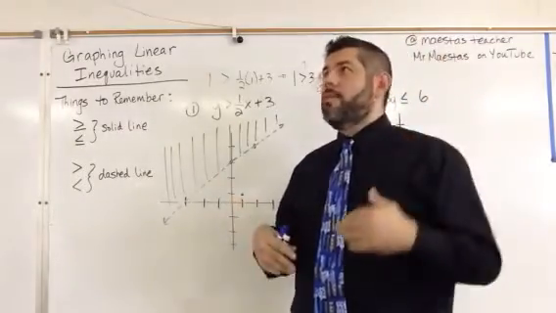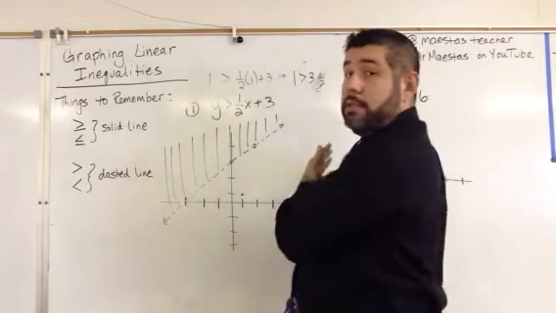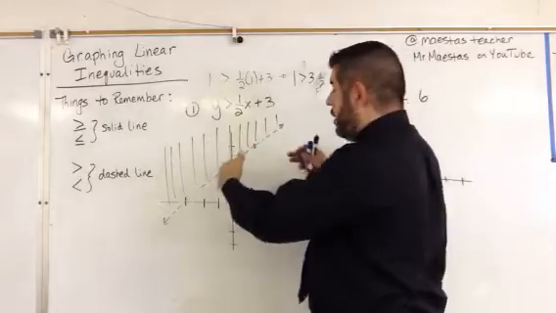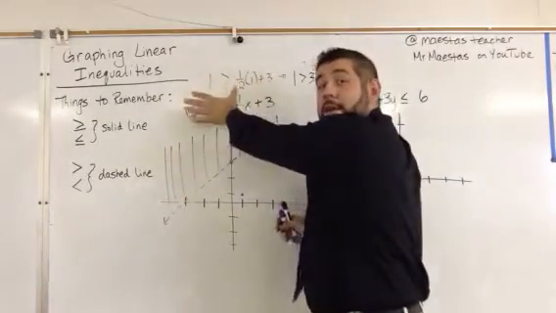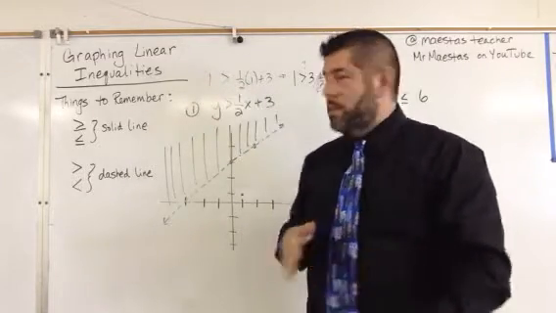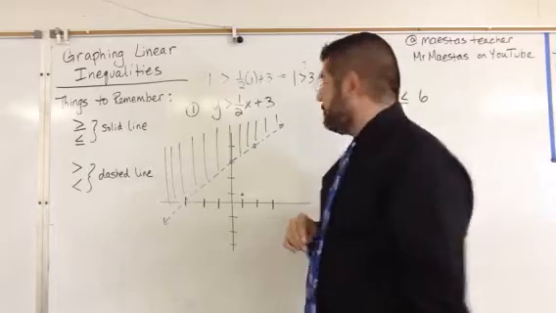If I was thinking of something greater than, it would be above where I am. Looking at this left to right, what's above the line? Y values that are greater than that line are up here. We're going to shade up there. Now that only works if this is in slope-intercept form, y equals mx plus b.